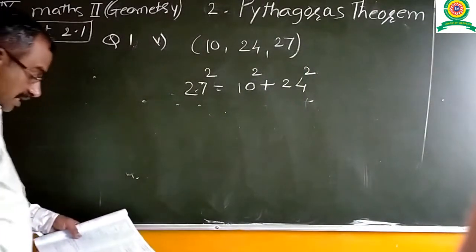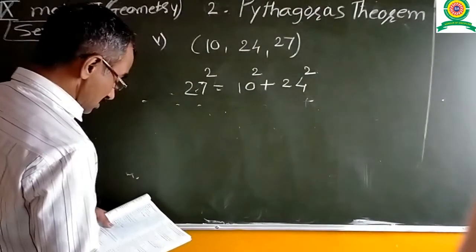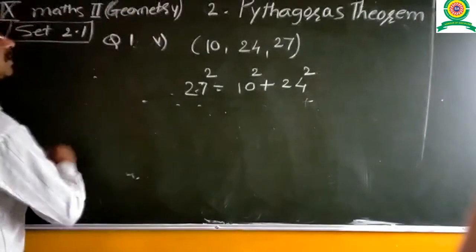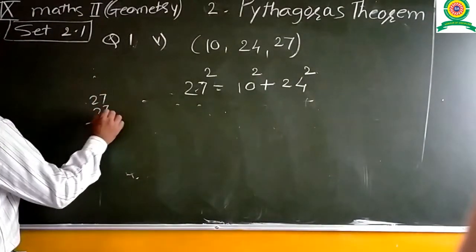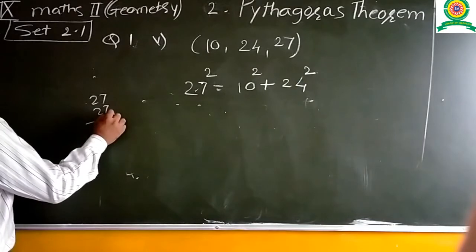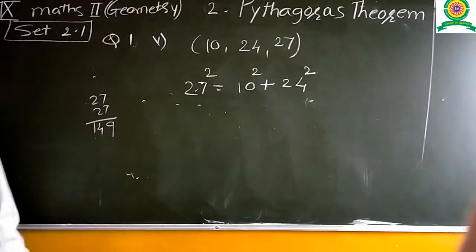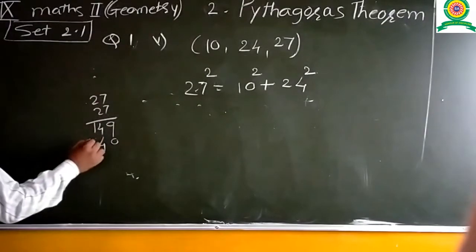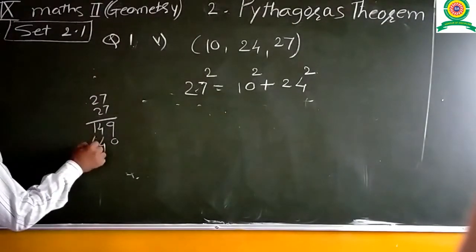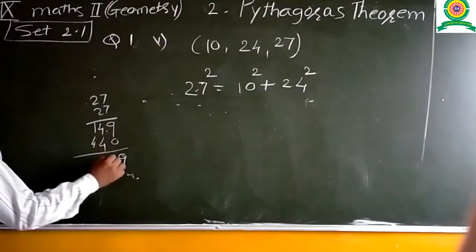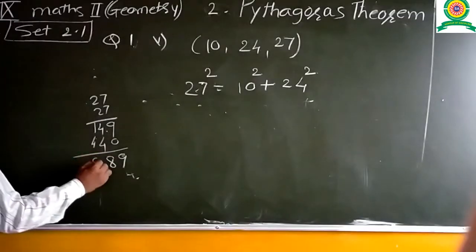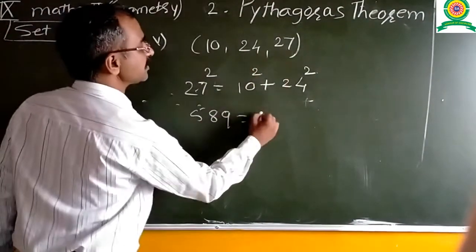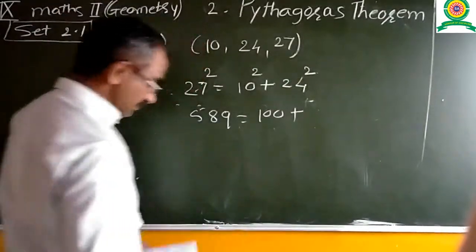Therefore, 27 square is what? We studied earlier, multiply 27 by 27. 7 7s are 49, 7 2s are 14, 2 7s are 14, 2 2s are 4, so 729. Means 729 is compared with 10 square, which is 100, and 24 square.